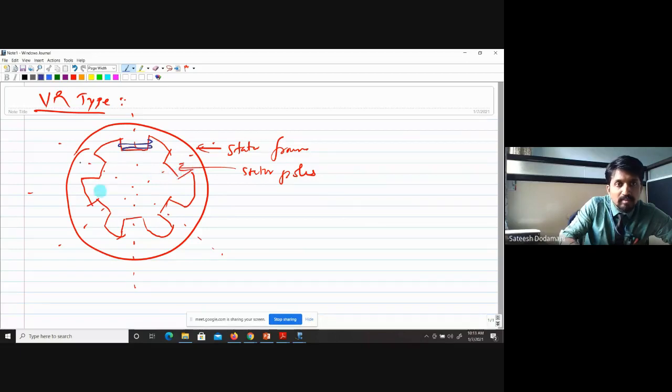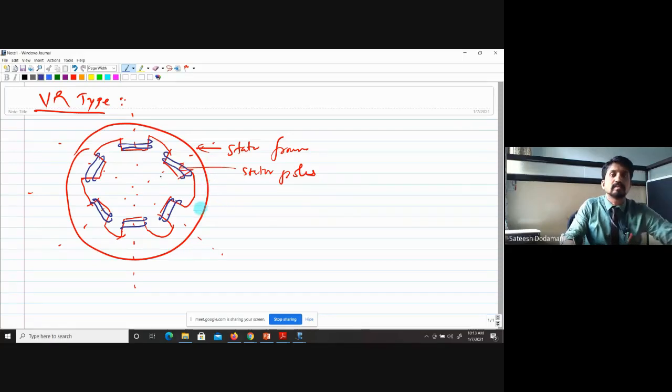In this way, winding will be wound. That winding will be wound here, and now rotor poles will be in this way.